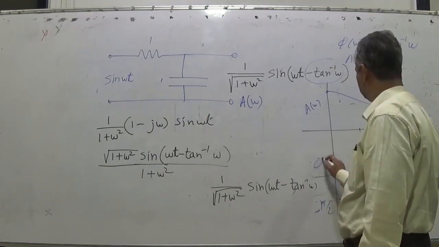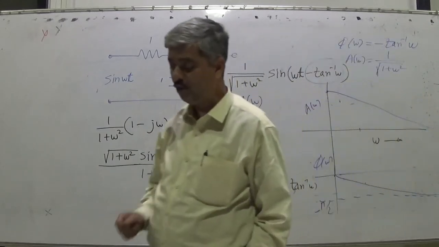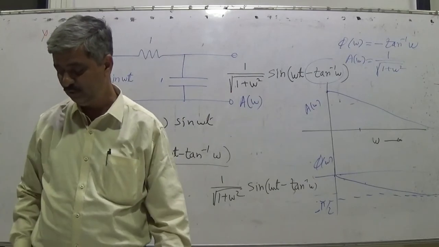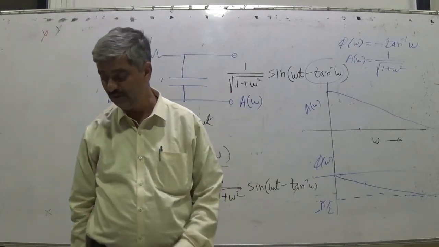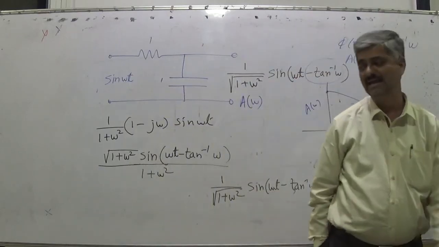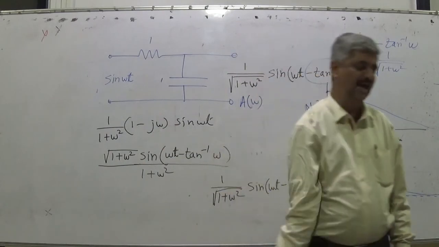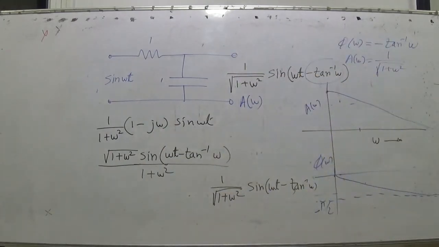So this is phi of omega. A low pass filter offers a gain which falls as frequency increases, and a phase which shifts as frequency increases. So this is a low pass filter. Next we go for the high pass filter.